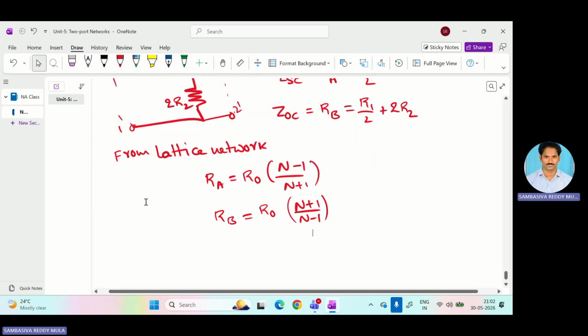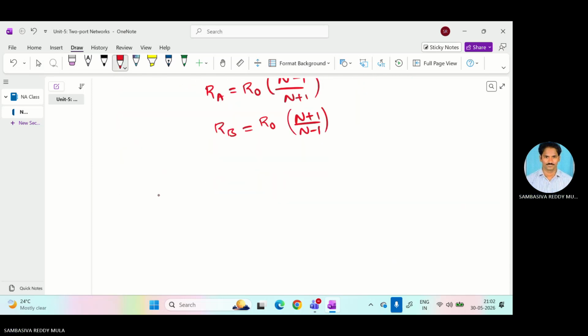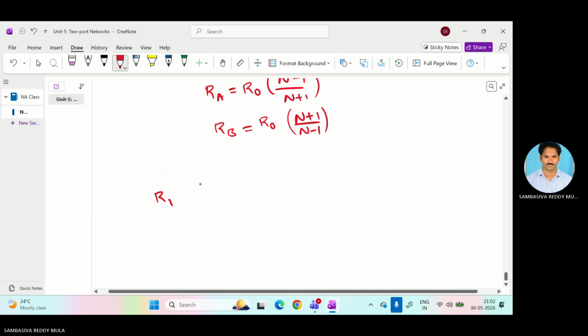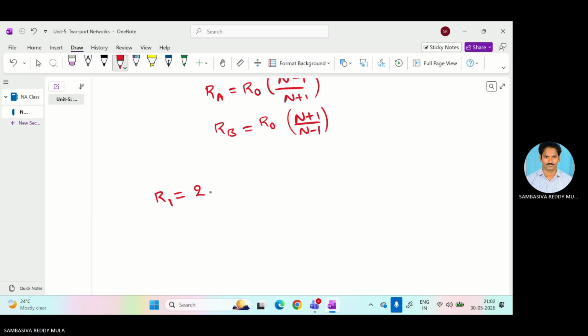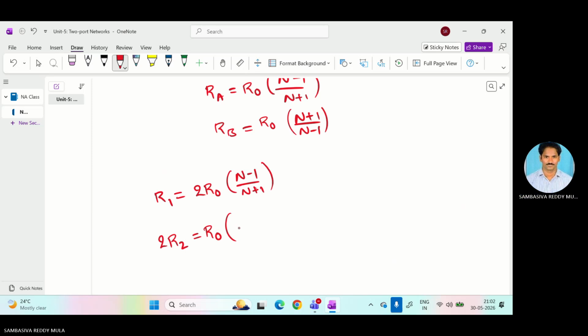Solving these two equations for this T-type attenuator, we get R1, let us consider this is R1 for T-type, R1 is 2 R0 into n minus 1 by n plus 1. And 2R2 is R0 into n plus 1 by n minus 1 minus n minus 1 by n plus 1.